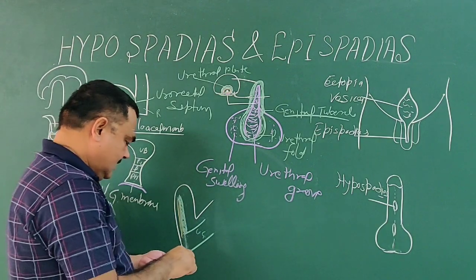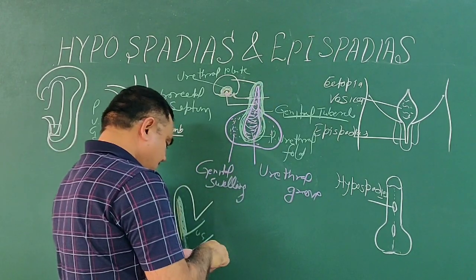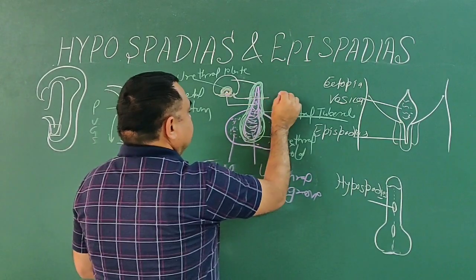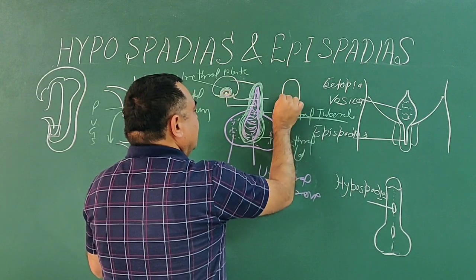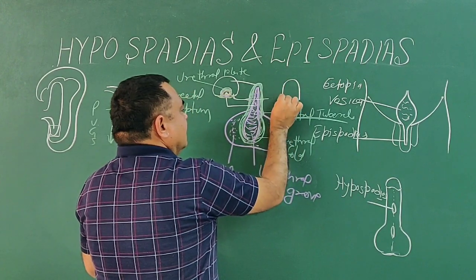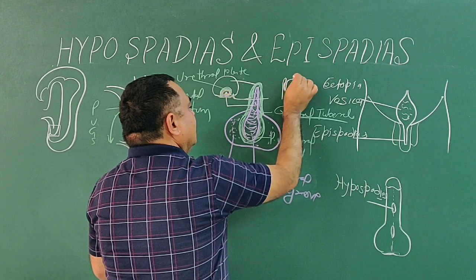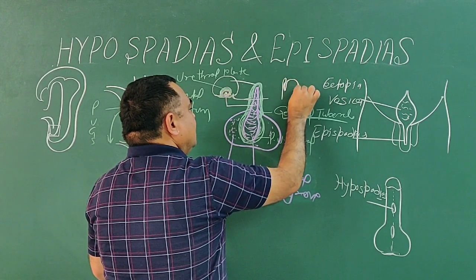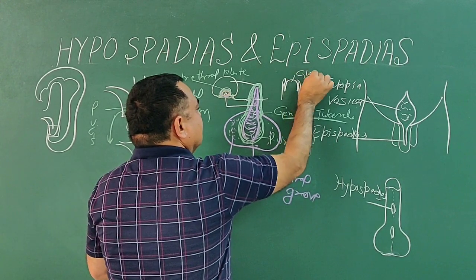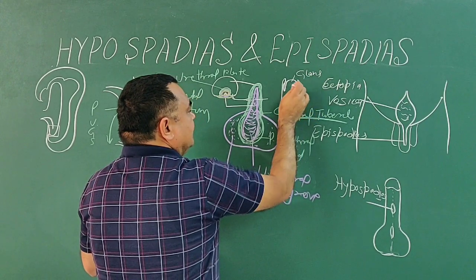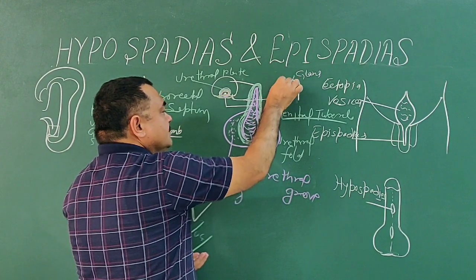If you see at the tip of this penis, here the ectodermal cells proliferate, grow inward and form the prepuce. So this is the glans penis, and this folding is known as the prepuce.